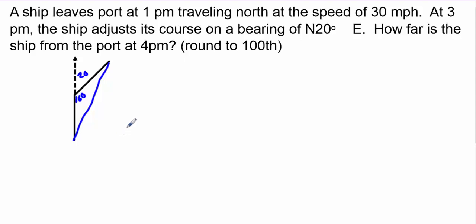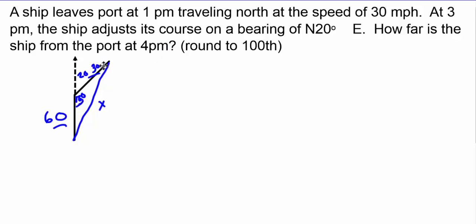And we want to know how far is the ship from port at 4 o'clock. So once again, we left at 1, and then we turned at 3 o'clock, and we were going 30 miles an hour, so I've been traveling 2 hours, so this is 60. And then I want to know how far we're going after 4 p.m., so I've gone 1 more hour, so this is 30.